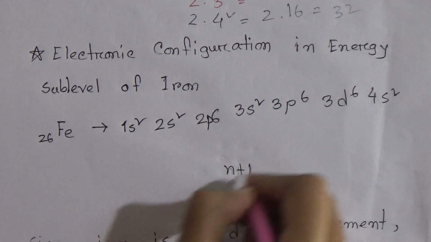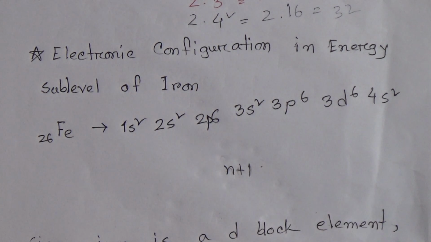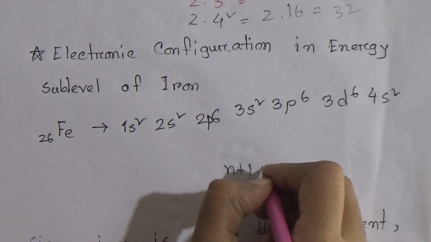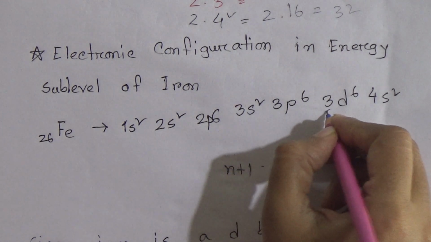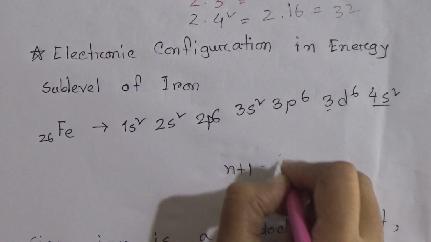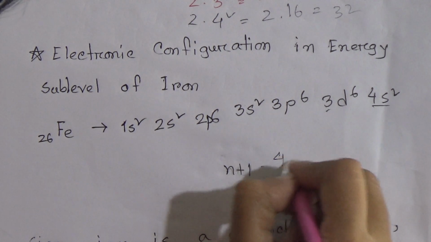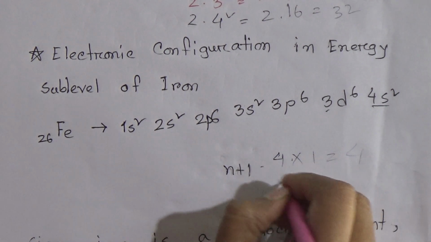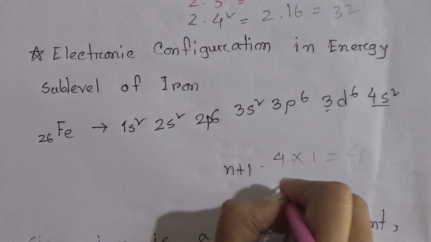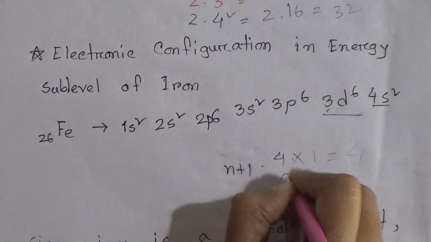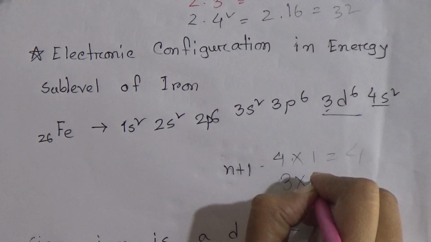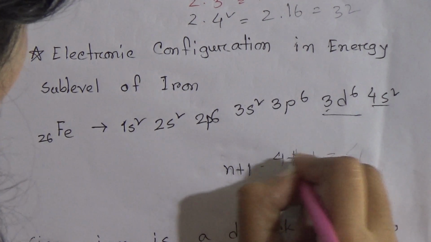N is the main orbit number and l is the energy sublevel number.